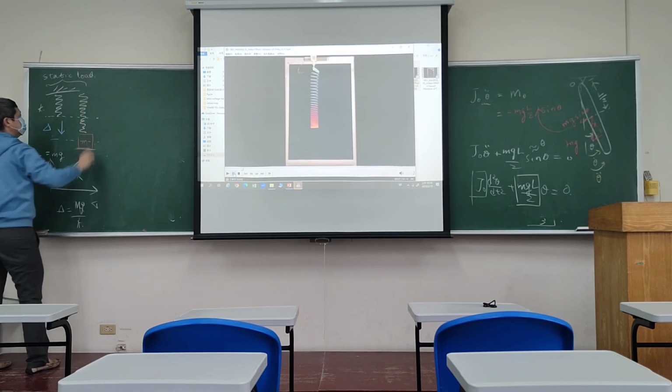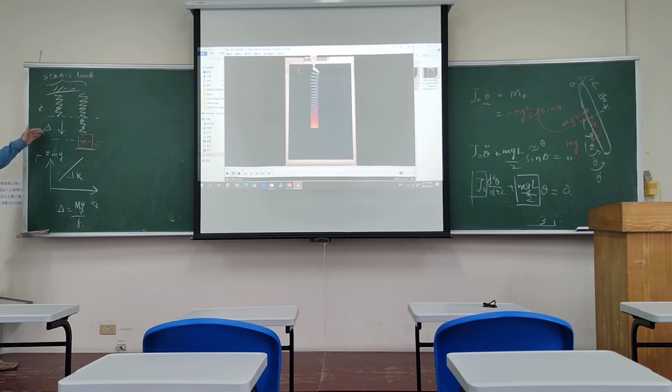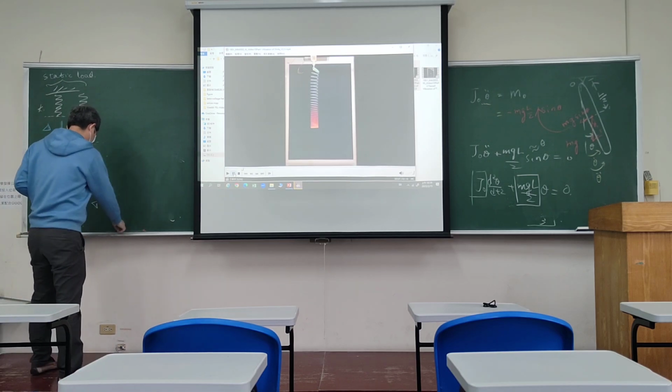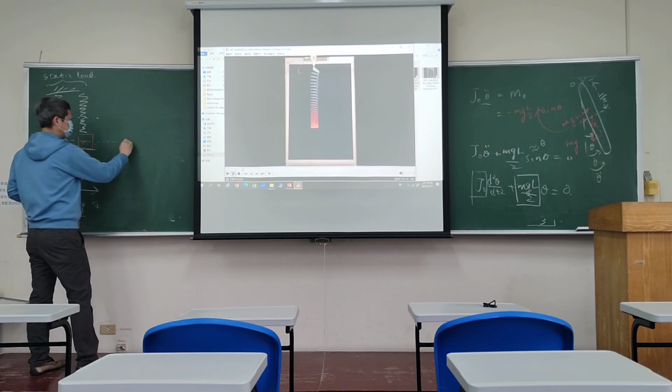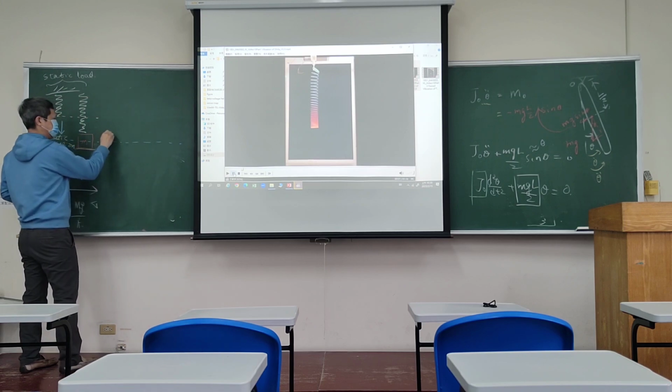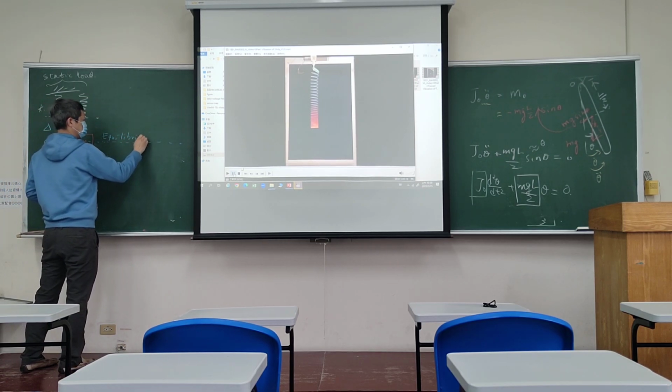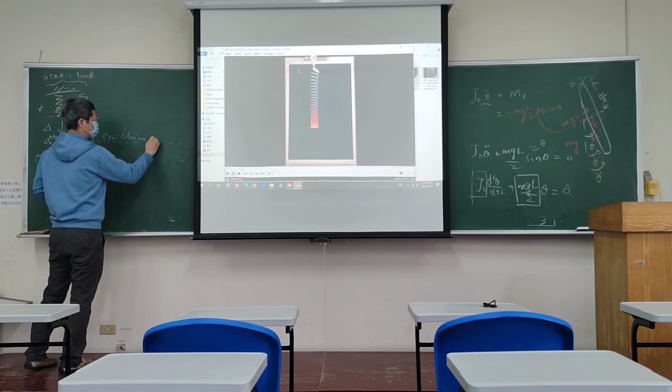So you have static extension, and this position is what you call the equilibrium position, also called the balance position.